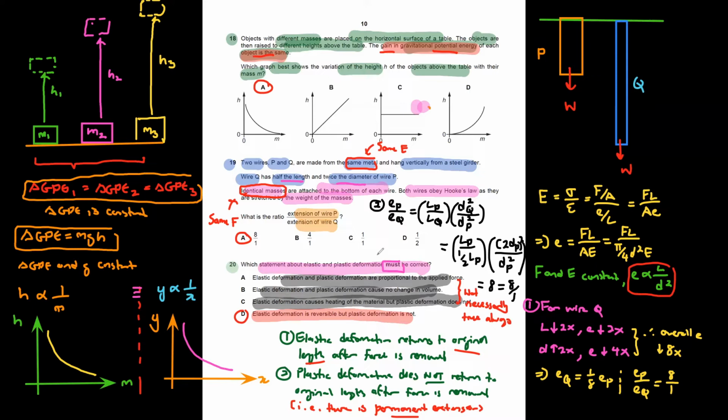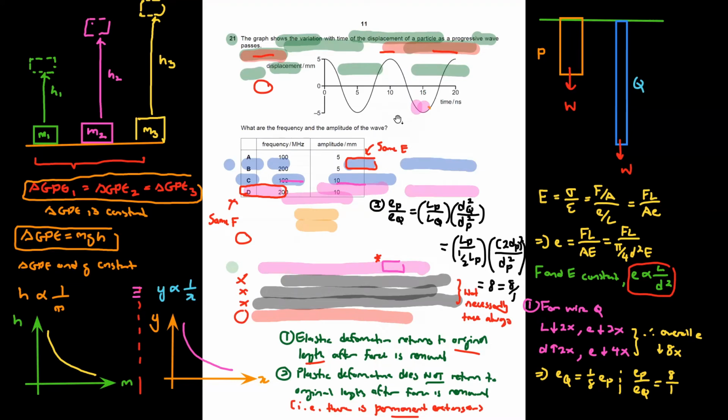The question wants the condition that must always be true, 100% of the time. So A, B, C is definitely out. It occurs for some cases, it doesn't occur for some cases. But D definitely is 100%. It's always that case.